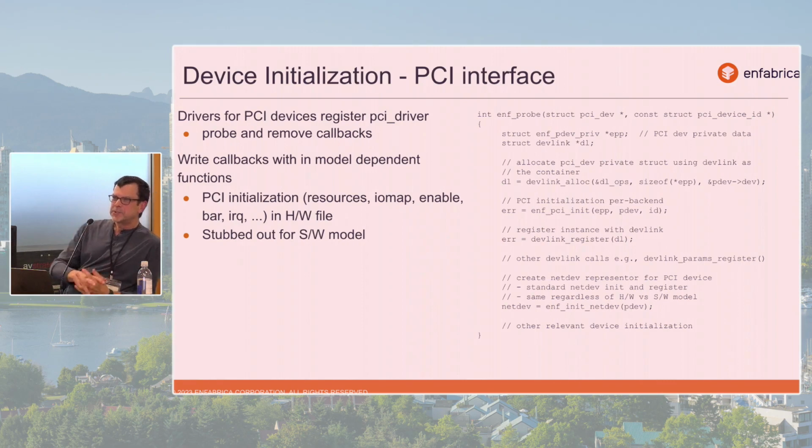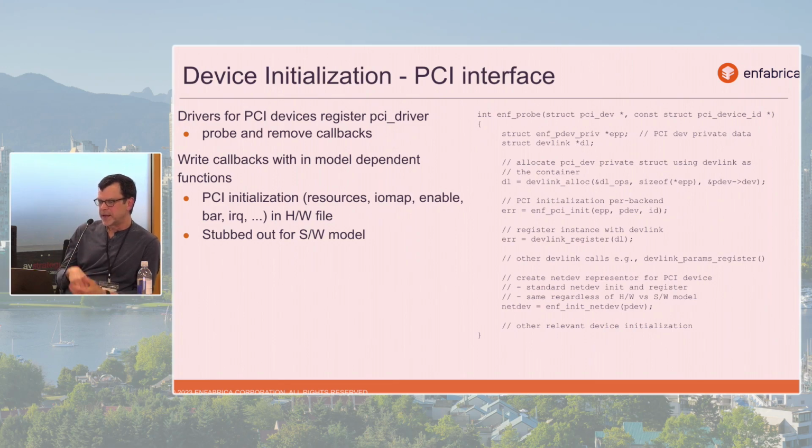All right, so that device initialization through the PCI interface. Your physical hardware is in a system. That device ID is going to show up, your driver handles it, and so off it goes calling your probe function.